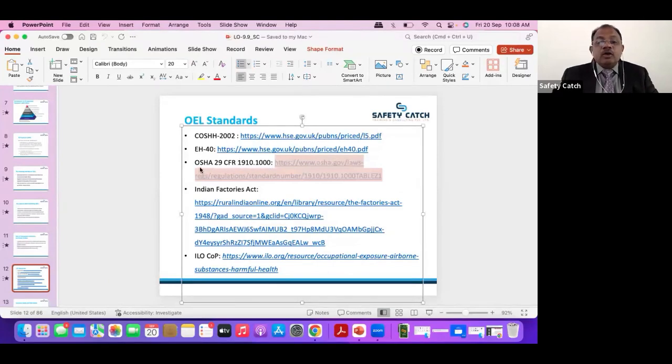OSHA means Occupational Safety and Health Administration, the US standard. 29 means Department of Labor. CFR means Code of Federal Regulations. It is an act in the USA. 1910 is not a year. It is just a number indicating general industries, because 1926 is the construction sector and 1910 is for all other industries apart from construction.